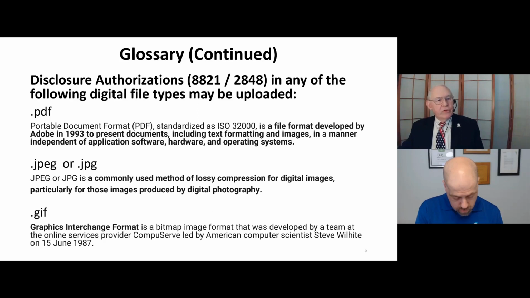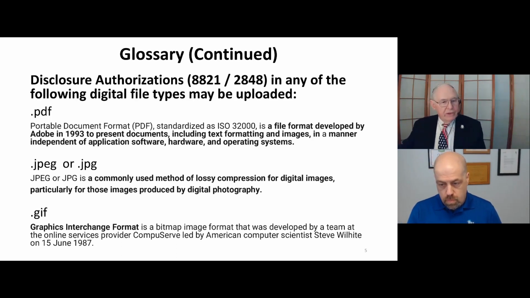Continuing with our glossary. Disclosure authorizations is what they call the 8821 and the 2848. They can be uploaded in any of the following digital file types: PDFs, which is portable document format, very old technology, 1993, JPEGs or JPG, and GIFs. Why would you ever have a JPEG? Well, I did this the other day. A guy took a picture of an 8821 and sent it to me as an attachment to an email.